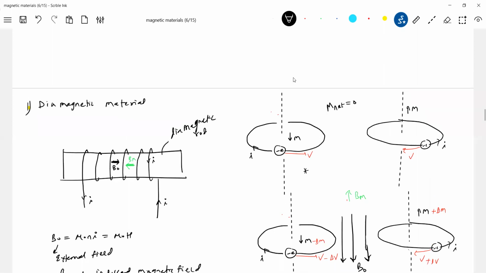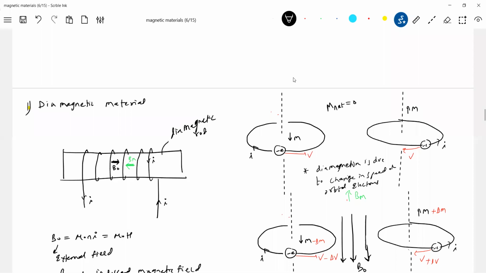Diamagnetism is due to change in speed of orbital electrons.